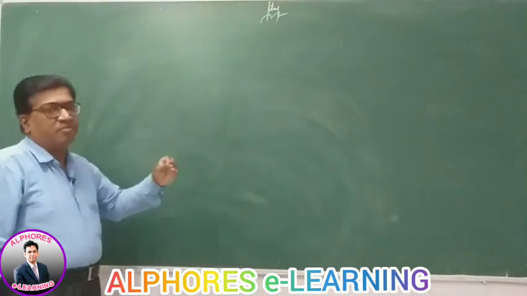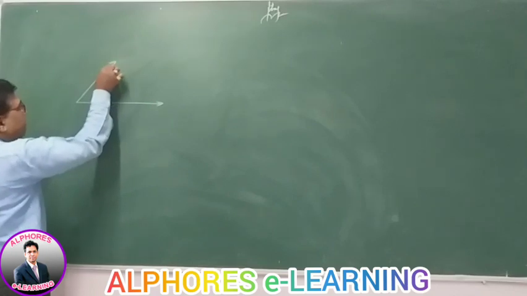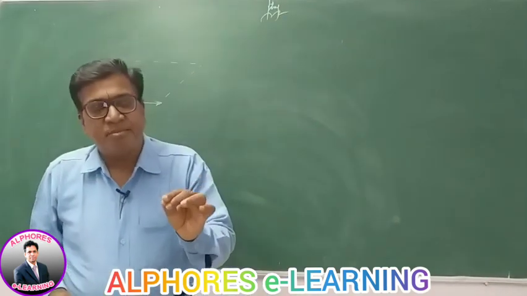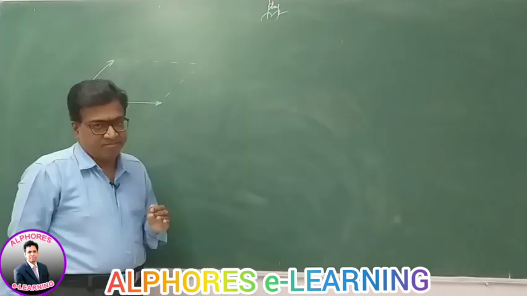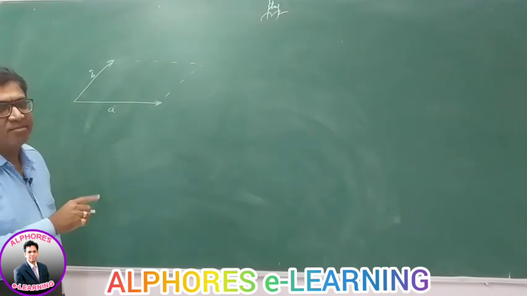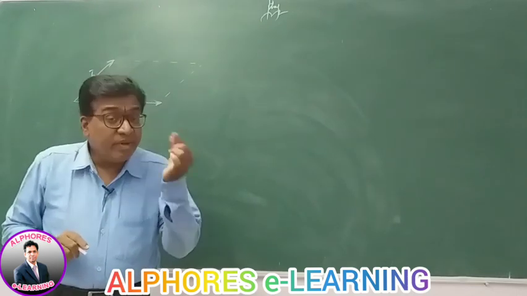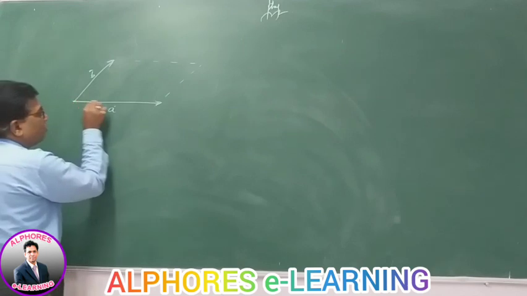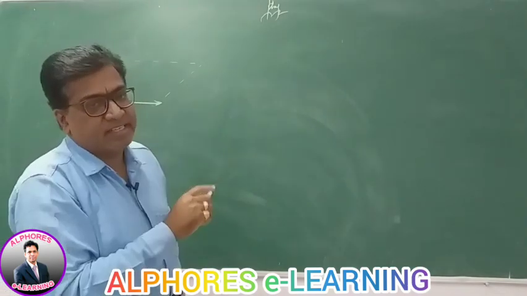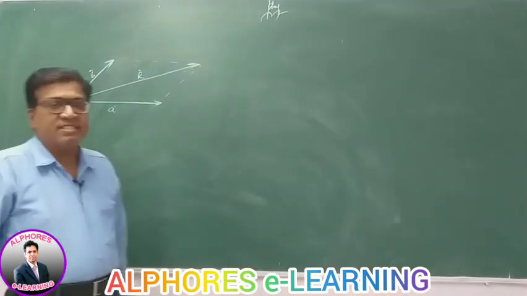The parallelogram law of vectors is defined as: if two co-initial vectors A bar and B bar, starting from the same point, are represented as two adjacent sides of a parallelogram in magnitude and direction, then the diagonal passing through the point of intersection of the vectors represents the resultant vector.